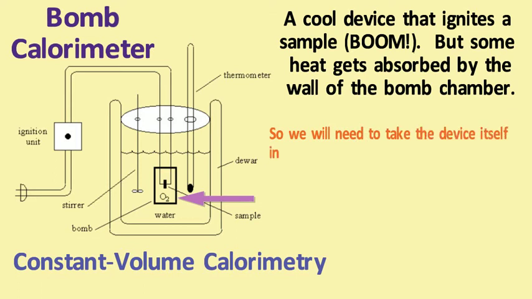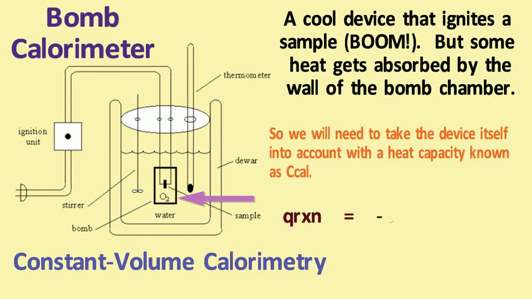You need to take the device itself into account with a heat capacity known as C of the calorimeter. I'm not even going to do an example. This is not difficult. Q in this case is equal to negative C of the calorimeter times delta T. You just have to take that difference into account.